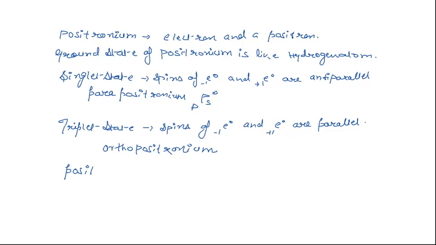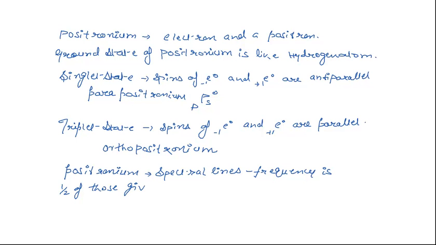And your positronium, it is emitting energy, so it is definitely giving spectral lines. They also give out spectral lines, and their frequency is half of those given by hydrogen.